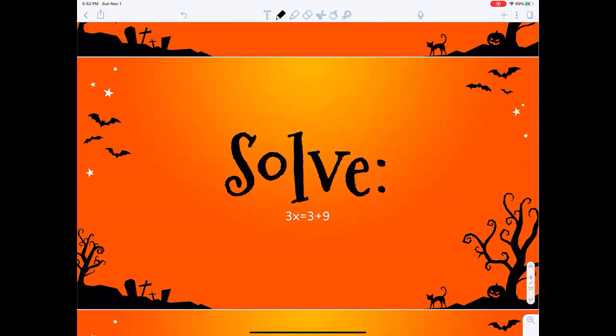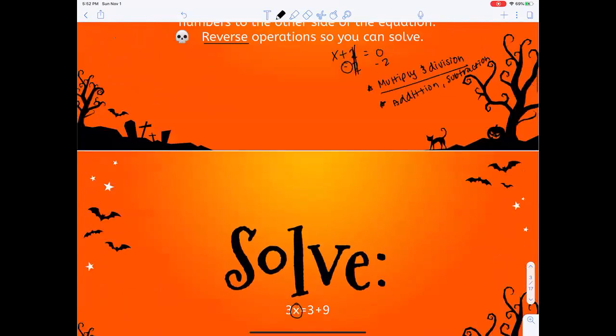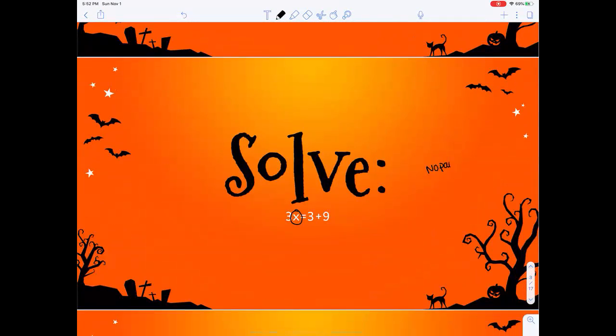Say here, if I were to want to solve for X, of course, that's the variable that we have. Do I have to, one, distribute? Well, no, there's no parentheses. So if I were to look at this, no parentheses. So therefore, no distribution. Next, I want to think about, are all the variables on one side?